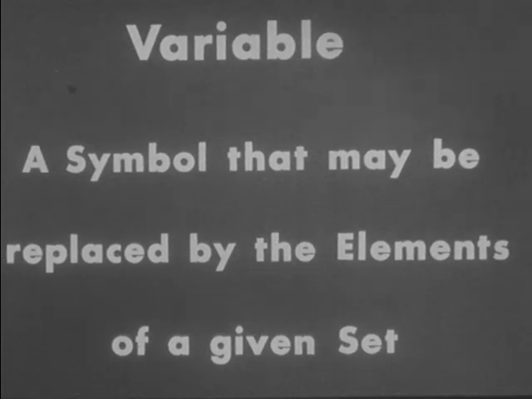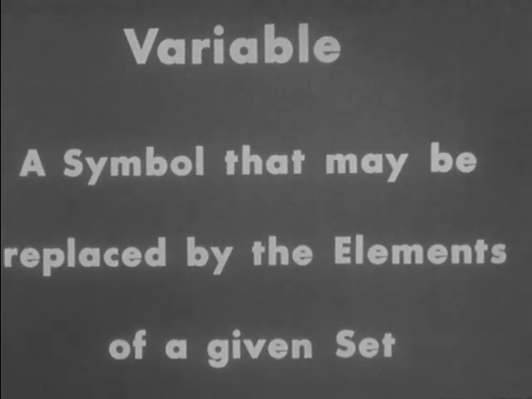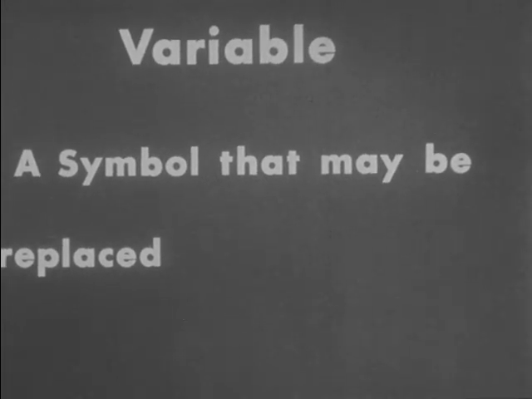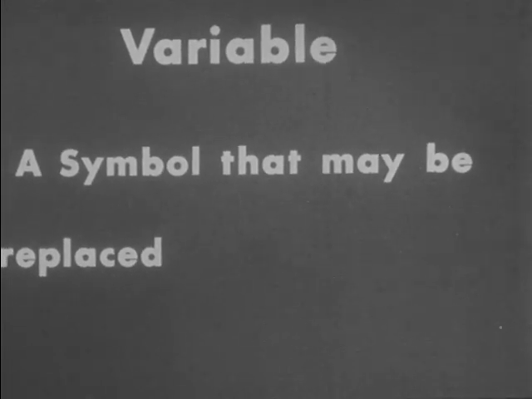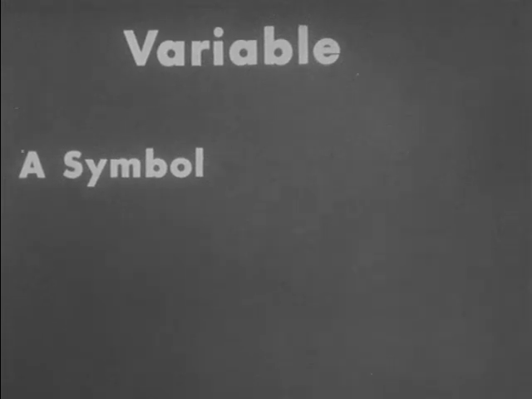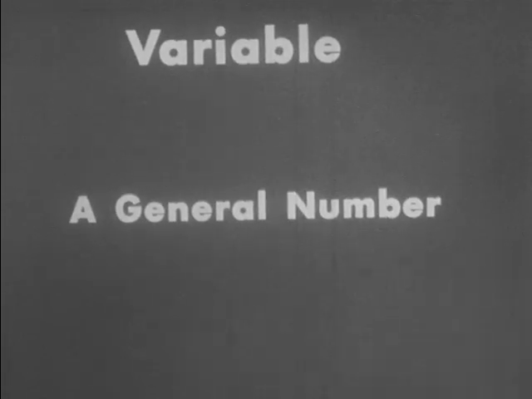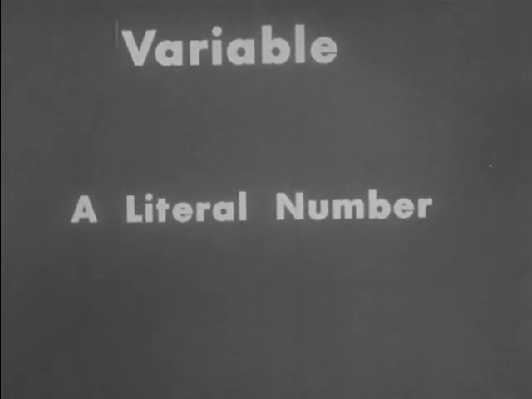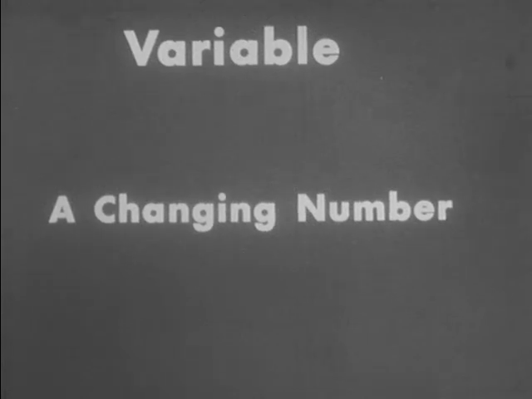This is sharp and precise. But try saying it without using the word set. Either the statement is incomplete or it is vague and inaccurate. We have to use descriptions that are far from precise, such as a general number, a literal number, or a changing number.